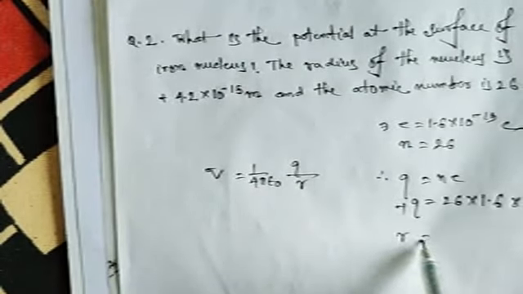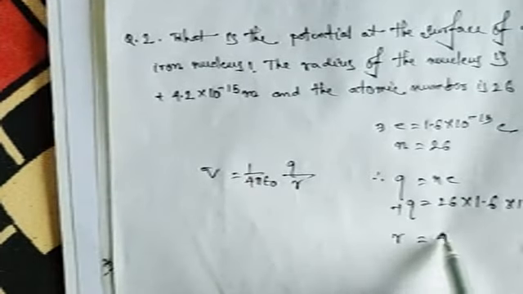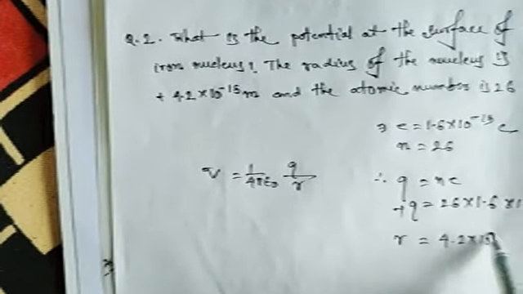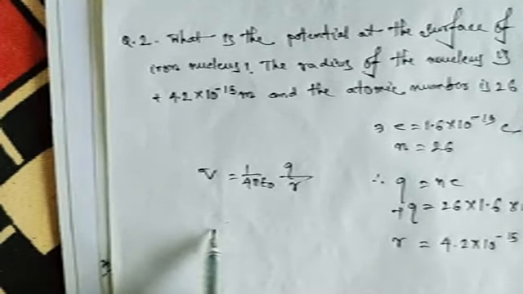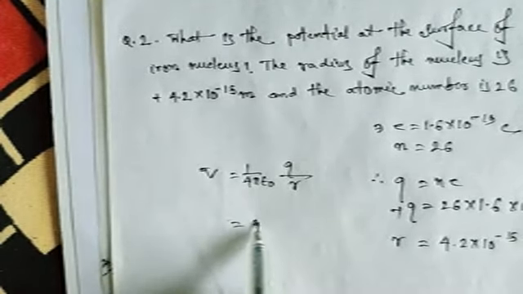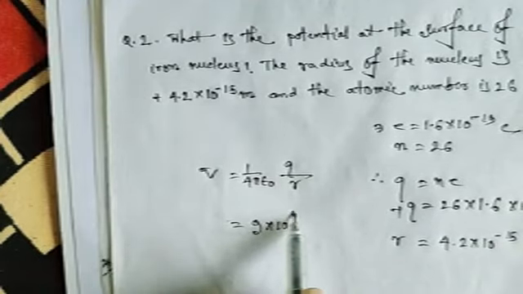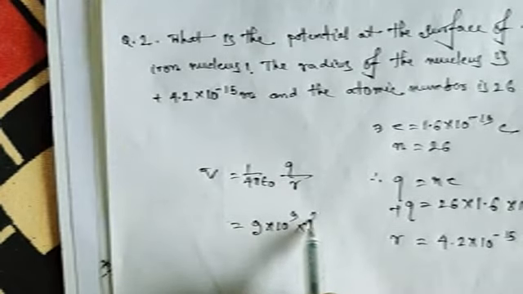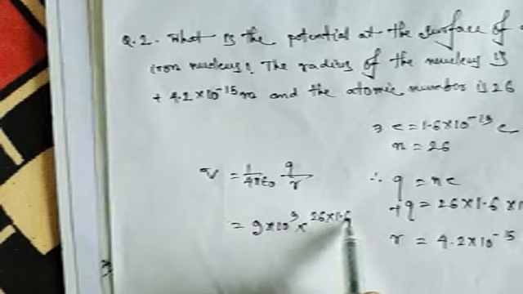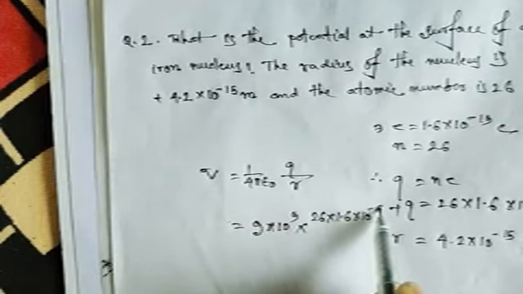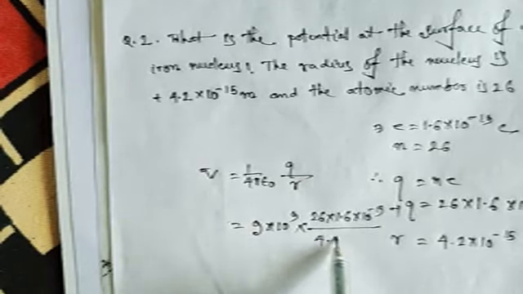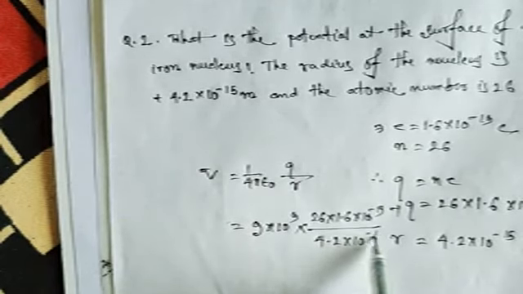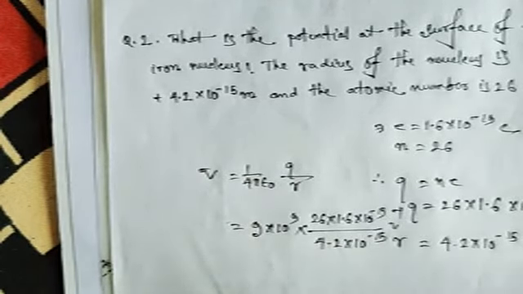This R is 4.2 into 10 to the power minus 15. Therefore, 1 by 4 pi epsilon naught is 9 into 10 to the power 9, into Q, which is 26 into 1.6 into 10 to the power minus 19, divided by R, which is 4.2 into 10 to the power minus 15. I hope you can solve it. That's all.